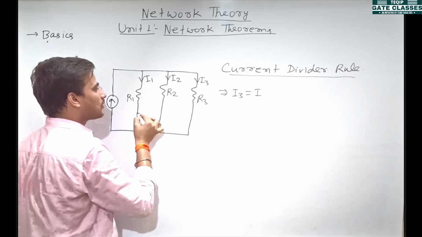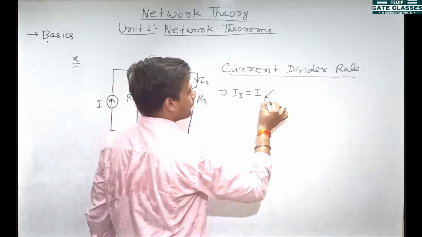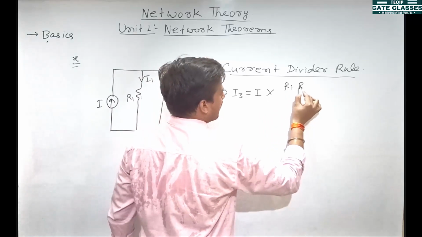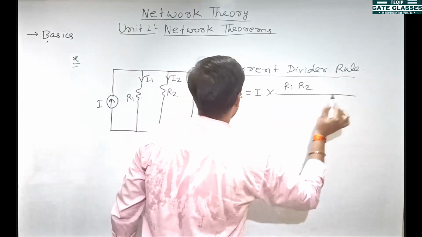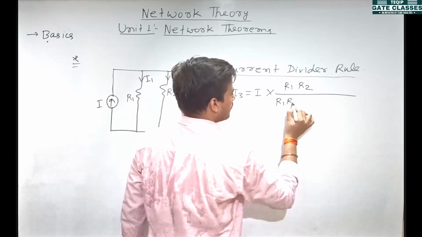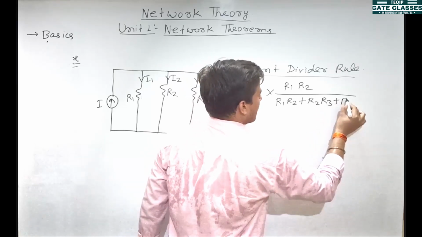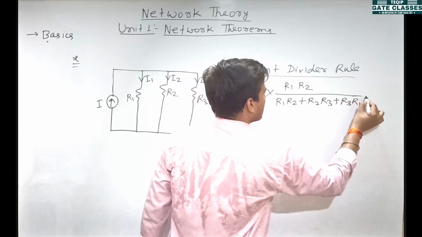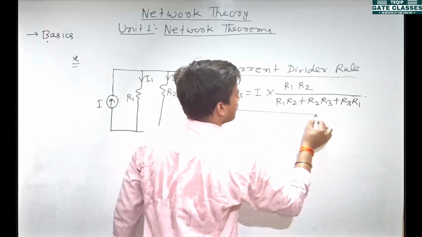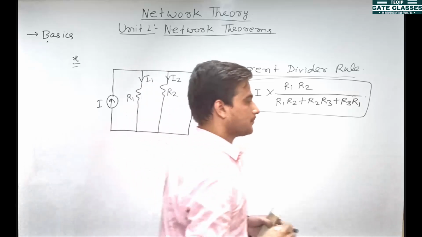At the numerator, you write the product of the other two resistors, that means I into R1 R2, divided by, at the denominator, the sum of products, that means R1 R2 plus R2 R3 plus R3 R1. Clear? This will be the value of I3.